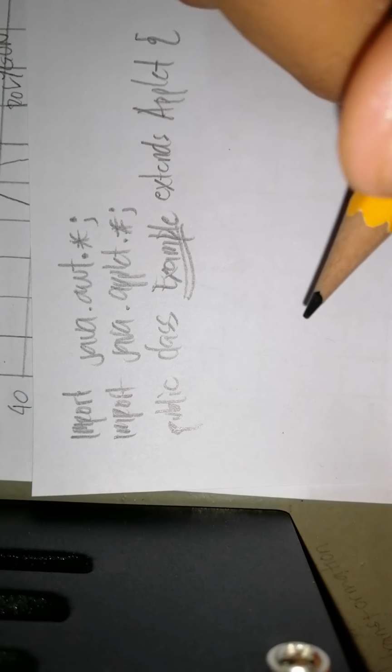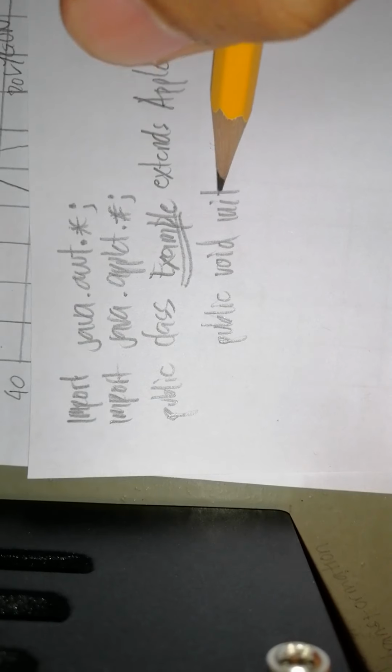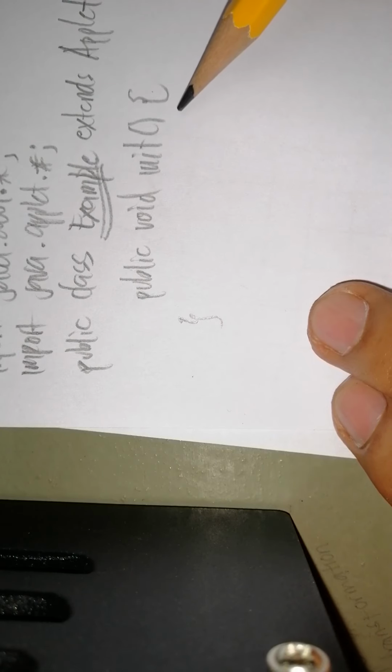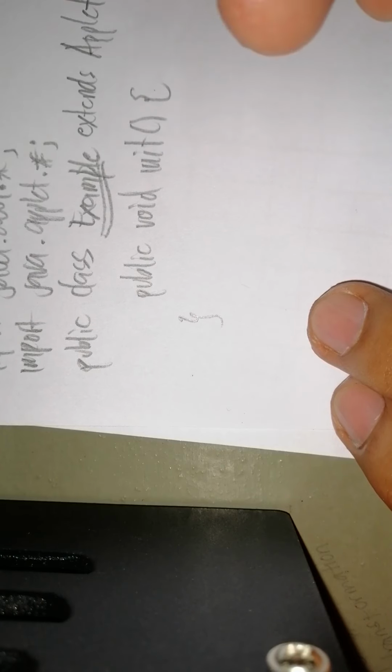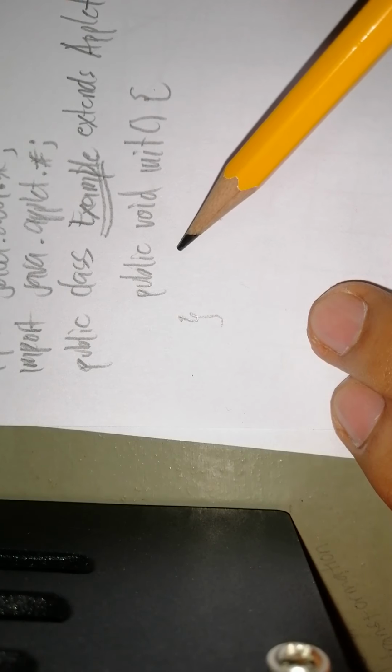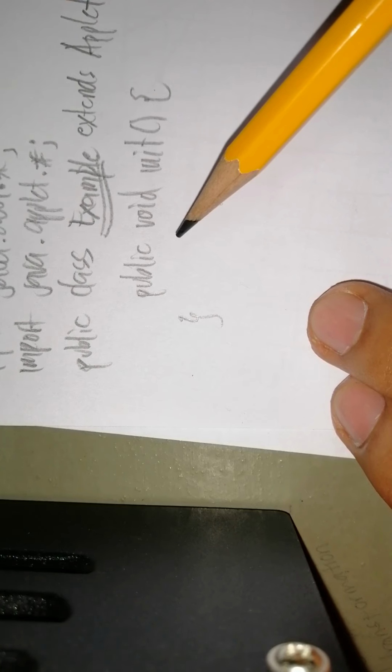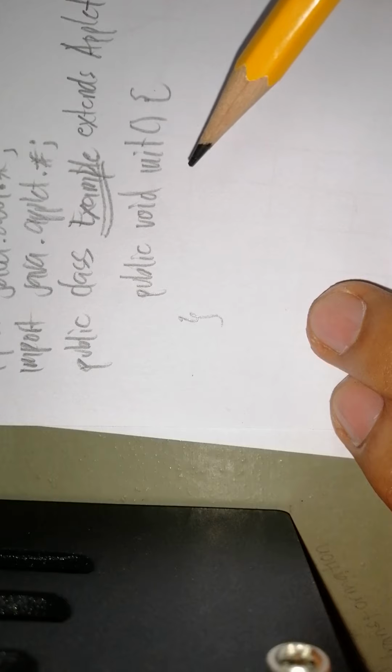So let's first write the public void init, then curly braces, then closing curly braces. So guys, let's not touch this yet since we won't change our screen or visual output. Say for example, we want to change the size of our applet, we can use set size, for a bigger or smaller one. Then we can change the color with set background color, then color orange.